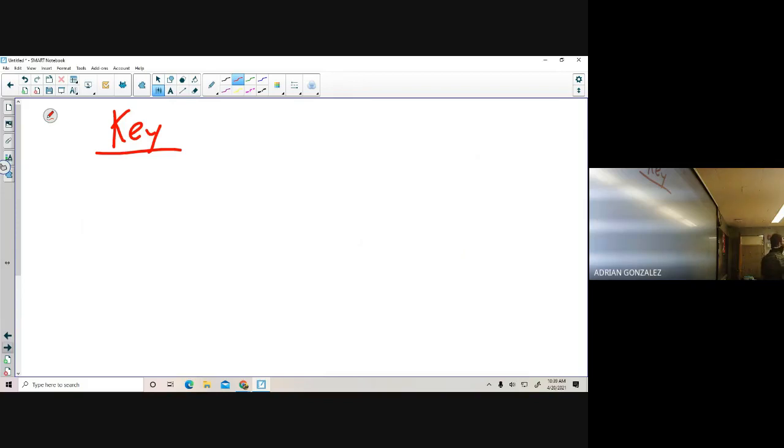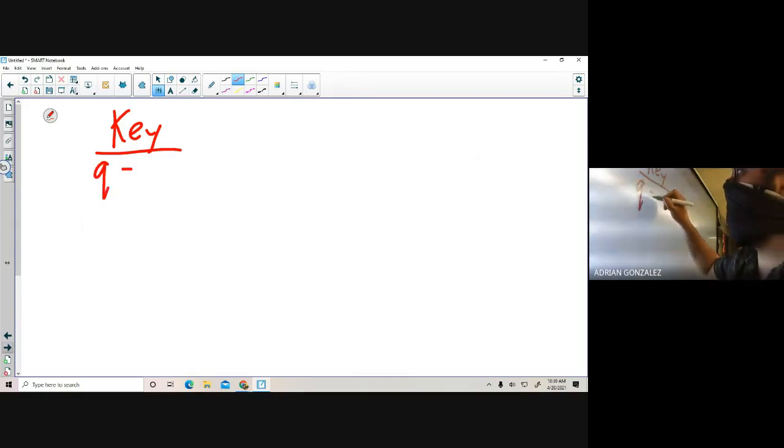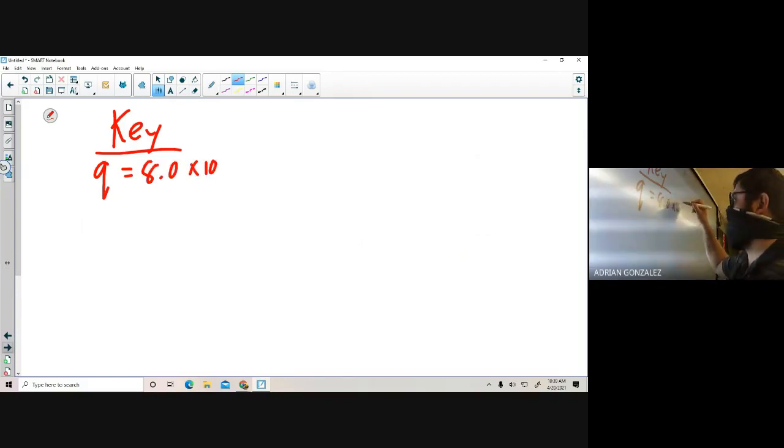What do we put down first? What do we know? We know Q. What's Q? Okay, what else do we know? Distance. But we're talking about the distance between 2 point charges.